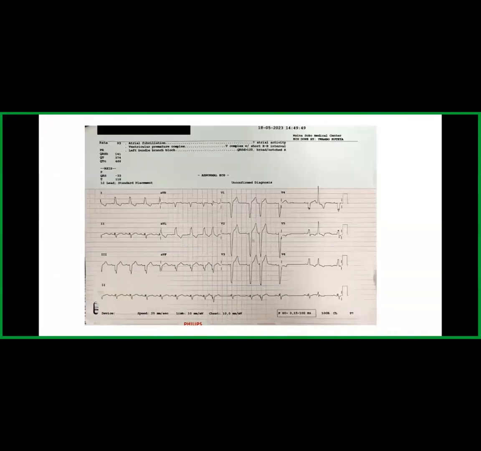So putting all of this criteria together, we diagnosed this 74-year-old male patient who came into the hospital, and we're able to diagnose him with a left bundle branch block.